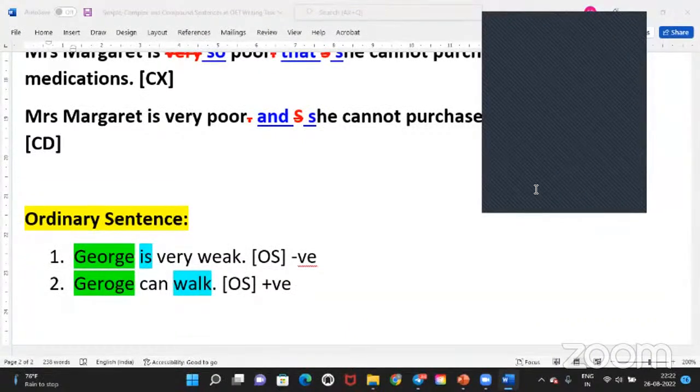Despite weakness, George can walk. Mira, you have written this sentence before also. Despite weakness, George can walk. Okay, this sentence is correct. Despite of being weak. When you use despite, you will not use "of", Sravanti, because despite is equal to in spite of. In despite only, there are 3 words, in spite of.